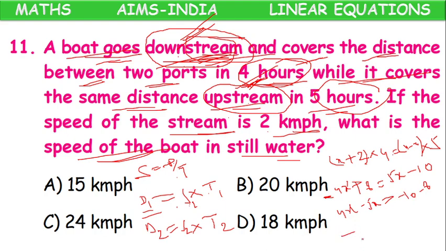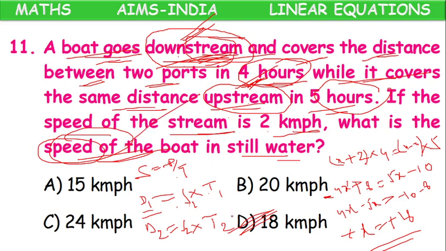So 5x minus 4x equals minus 18. Minus minus cancel. X equals 18. What is x here, children? x is the speed of the boat. So speed of the boat is 18 kilometer per hour. Like that we can guess.